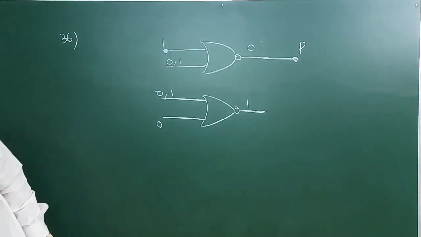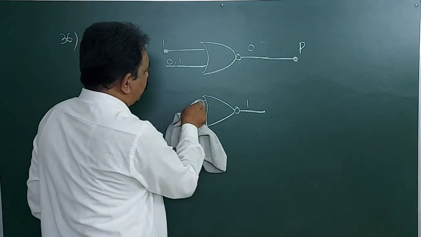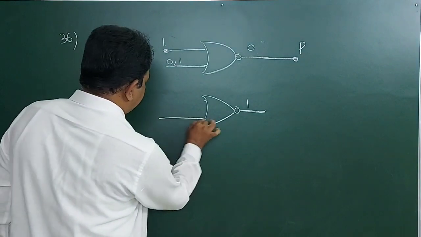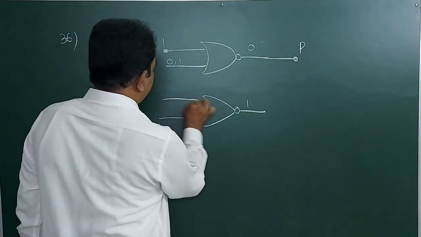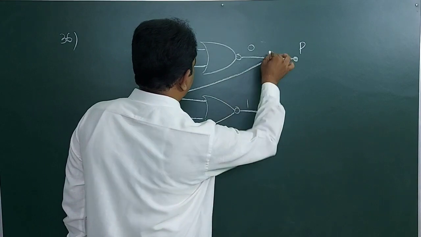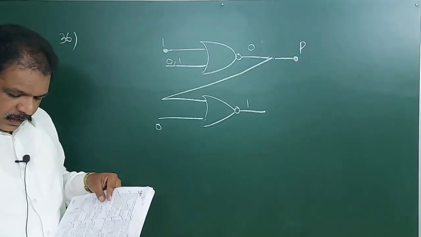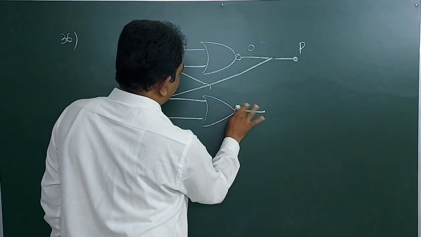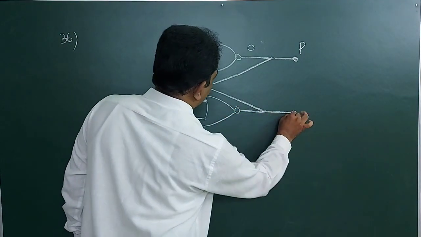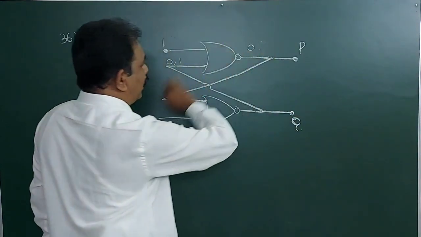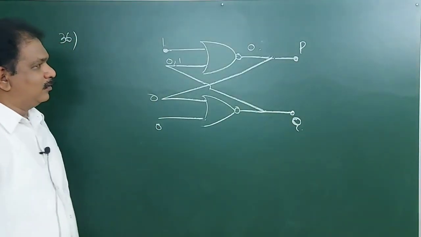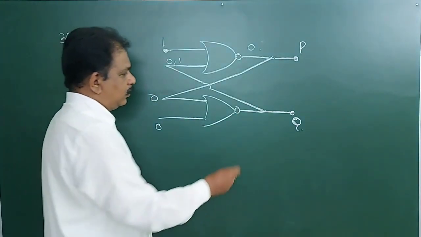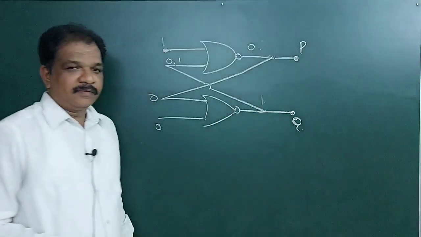So here you see, they joined this one, right? Here it will be 0. Here they joined this one like this, and for this also they joined like this. So it will always be 0. 0, 0, 0, output will be 1. Okay.